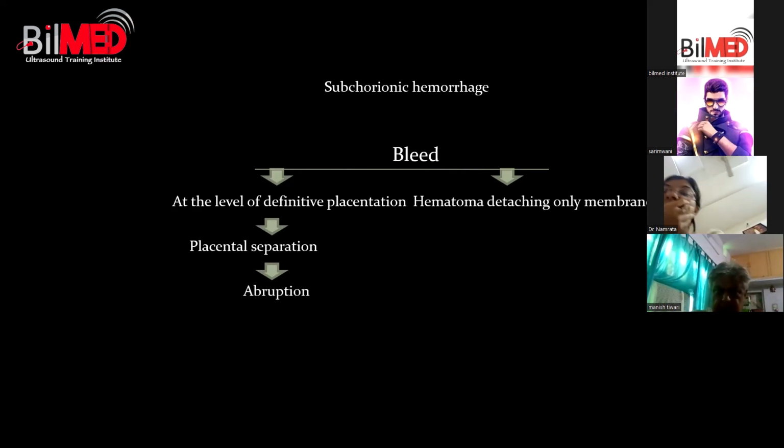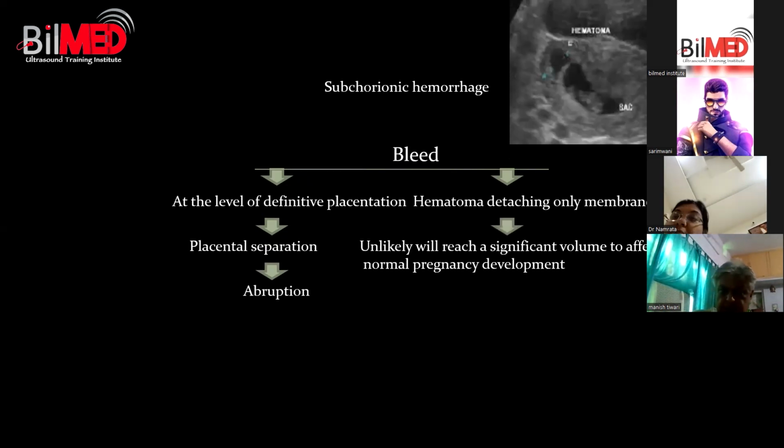But if the hematoma is detaching the membranes only, it will unlikely reach that size where it will detach the placenta. So if it is not at the level of the placentation, that is not very worrisome. But if it is detaching the placental side, that is worrisome.